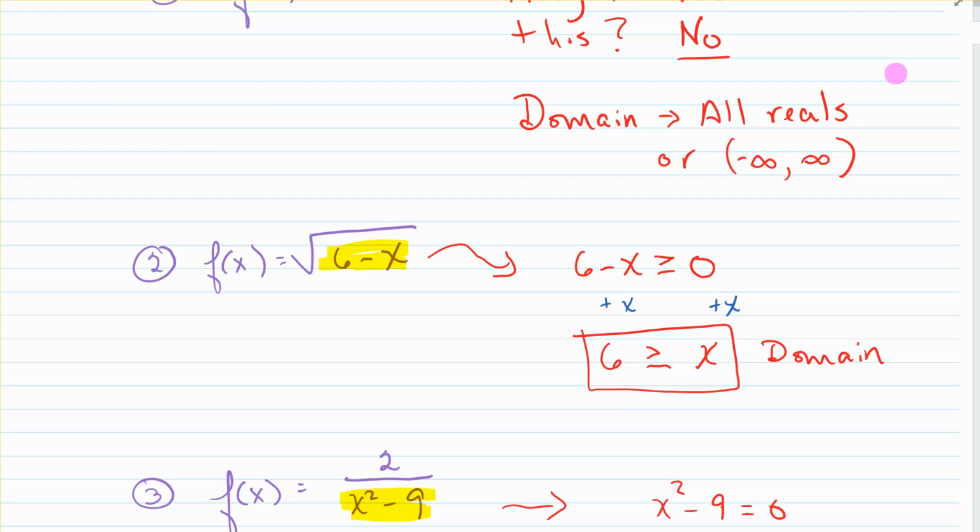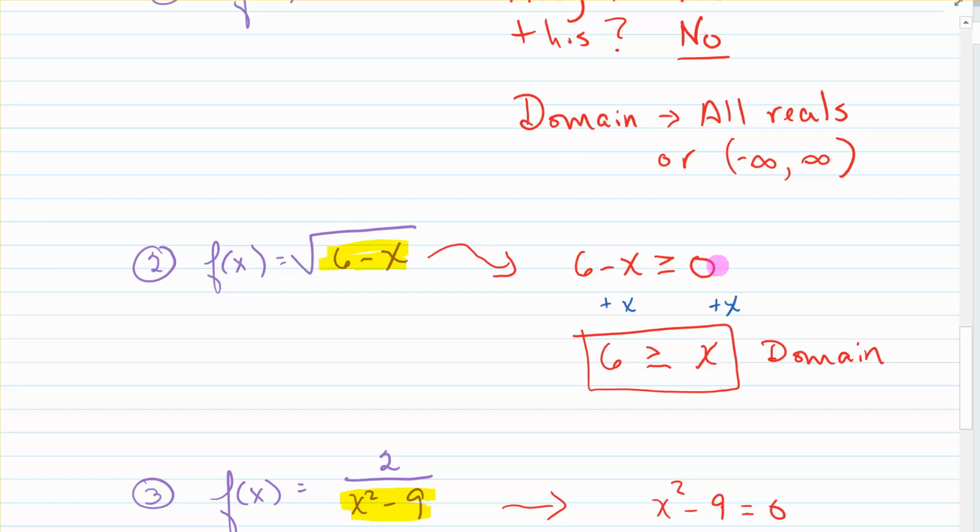2, f of x is the square root of 6 minus x. Well, we know that the square root has to be bigger than or equal to 0. So we take this inside part and set it greater than or equal to 0. We can take the square root of 0. We cannot take the square root of a negative number.